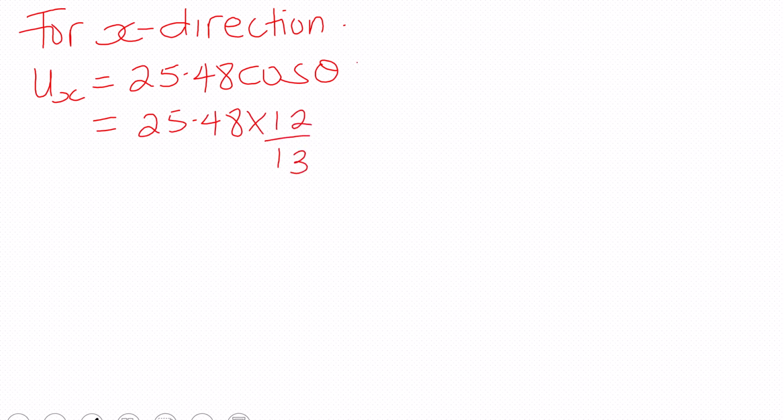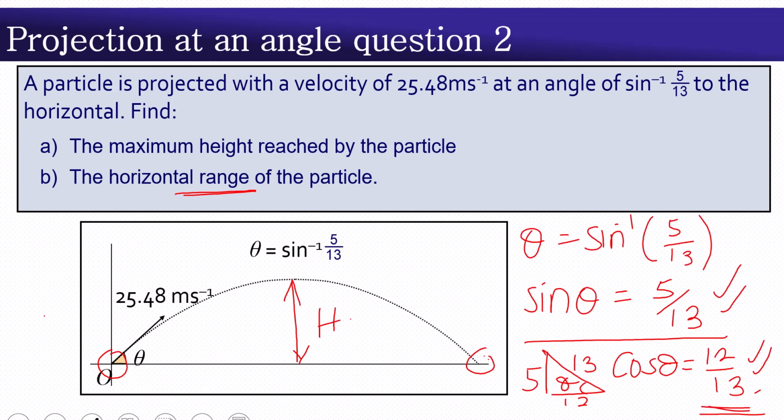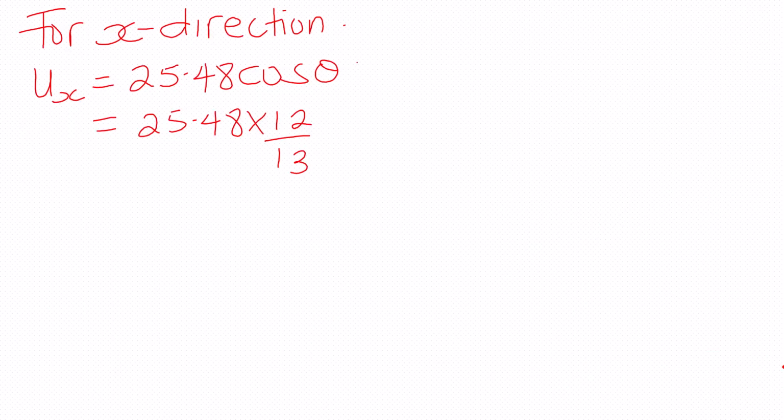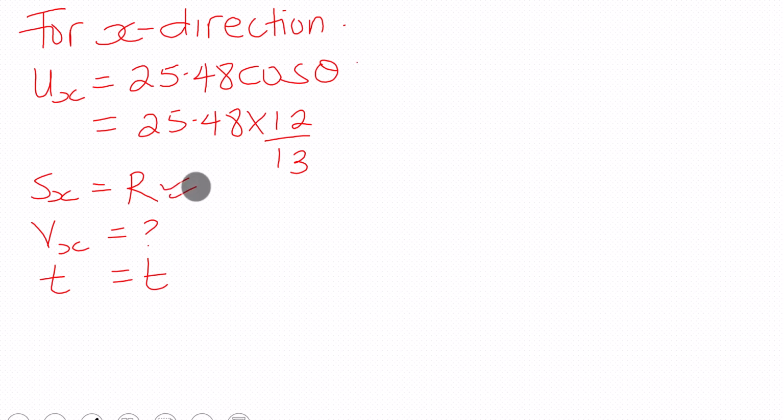We have already seen how to get cos of theta, and then we know that our displacement in the x, we can call it r in this case for this part, and then v in the x, we can put a question mark, we may not need v, and let's use time as t, the time to cover this distance, and then we know that acceleration is always equal to 0.